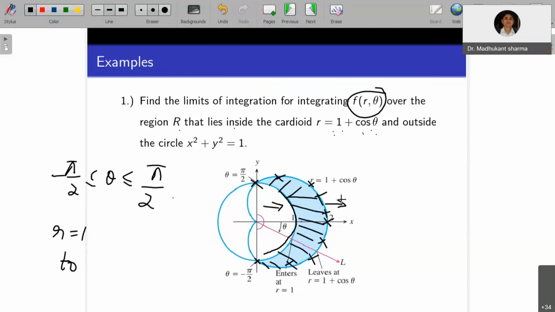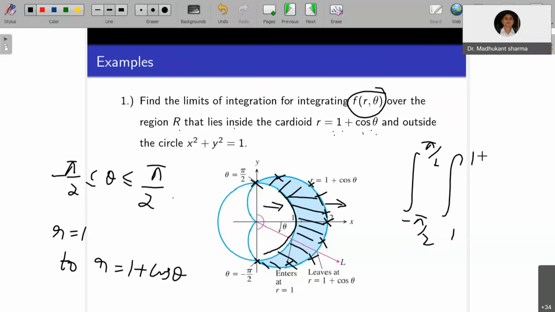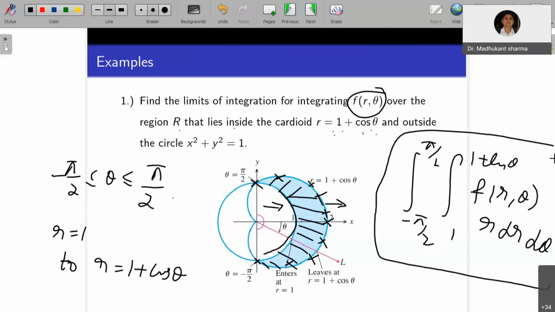Okay, and how is it related? r equals to 1 plus cos theta. So r equals to 1 to 1 plus cos theta. These are the limits. So the final expression is integration from minus pi by 2 to plus pi by 2, and integration 1 to 1 plus cos theta of f of r comma theta r times dr d theta.